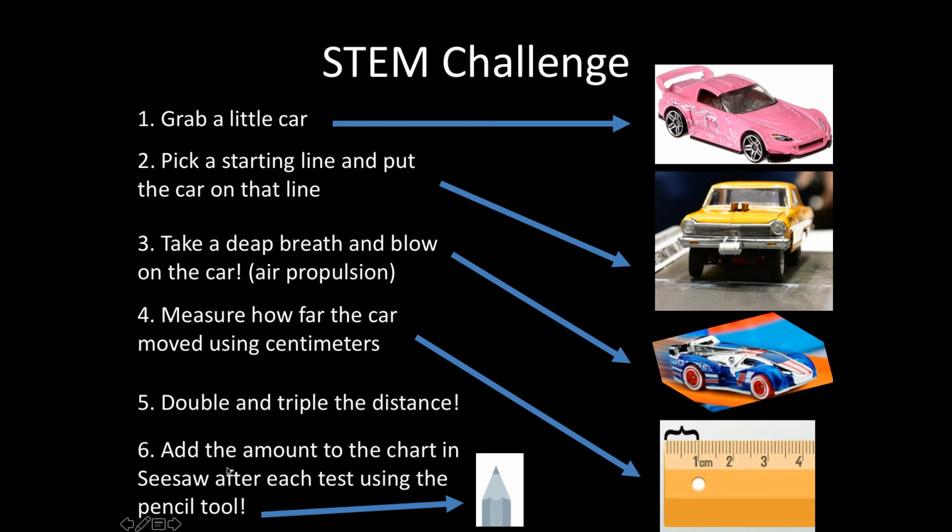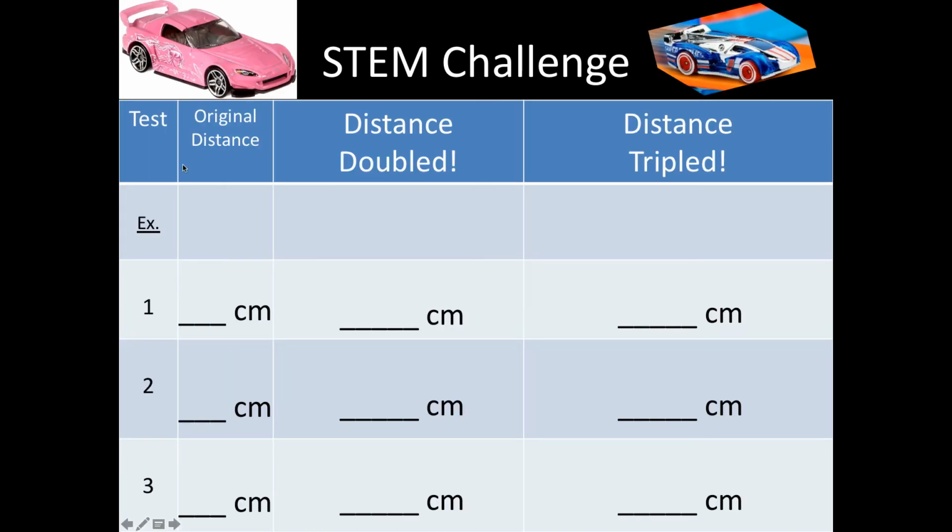And as it says here, you're going to add the amount to the chart in Seesaw after each test using the pencil tool. And you might be asking, well, what chart? Well, here's what the chart looks like in Seesaw. So we're going to do 3 tests where you blow on the car and measure the distance, the original distance, 3 times. And I have an example to show you.